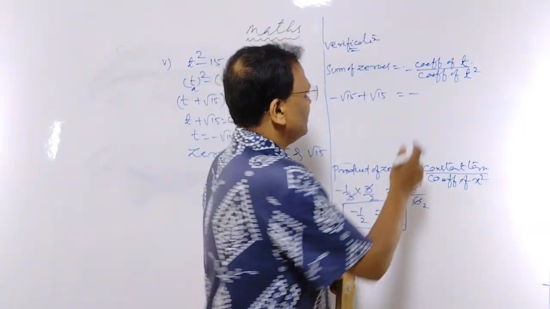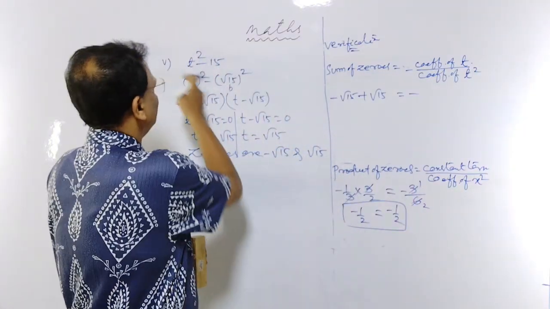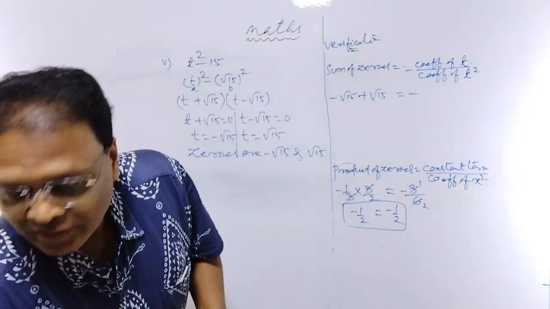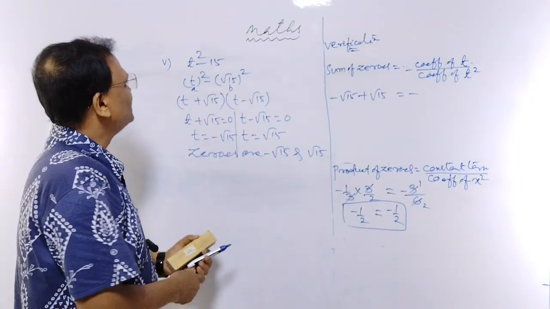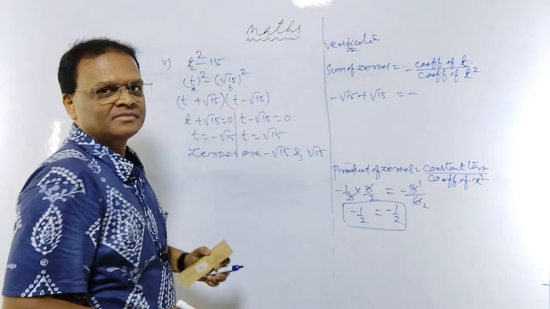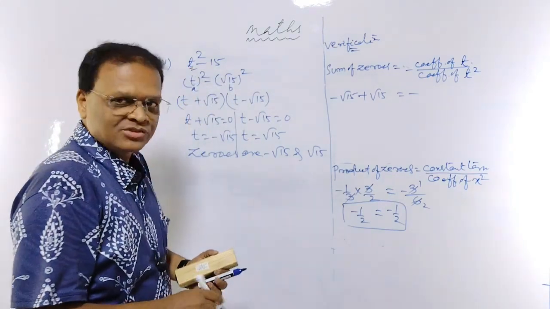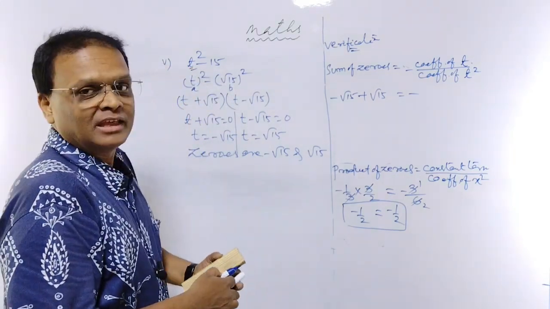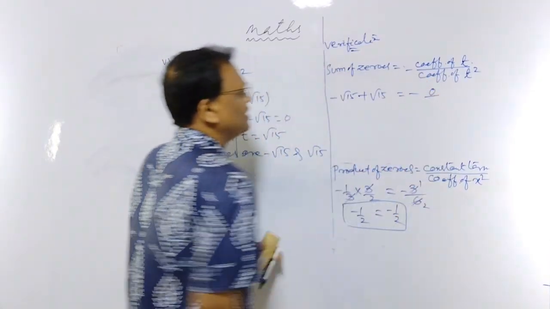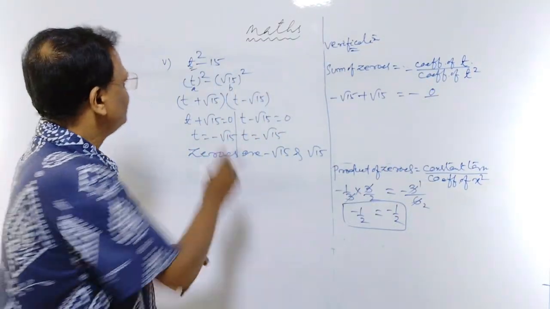Very simple. Now coefficient of t, look at here, be careful. Here no t is there. Is there any t? No. So see, only t square is there. That means the coefficient of t I must write 0 over coefficient of t square.